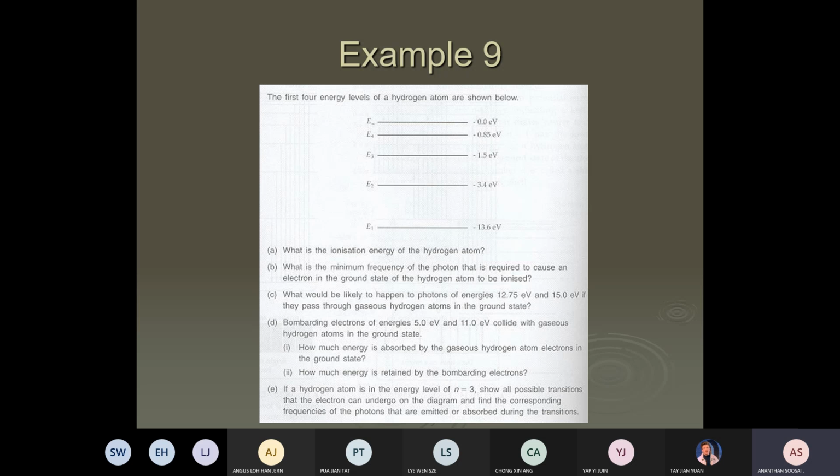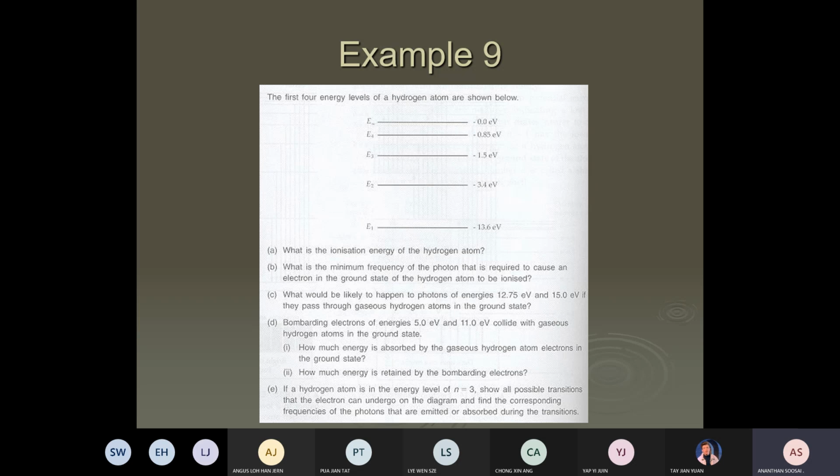That means if you shine a blue light of 12.75 through the hydrogen atom, after that no light will be emitted. All the blue light photons will be absorbed by the electron.